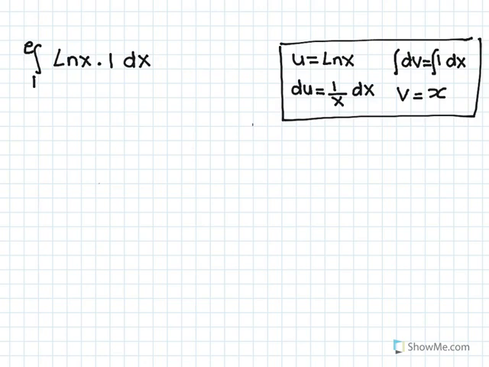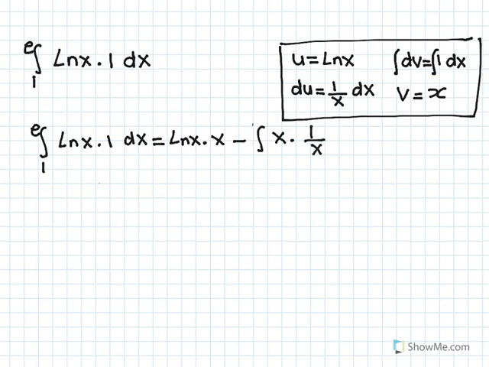Alright, so we have the integral from 1 to e of log x times 1 dx. This is equal to u times v. u is log x, v is x, minus the integral of v, which is x, and du is 1 over x dx. Let's label these.